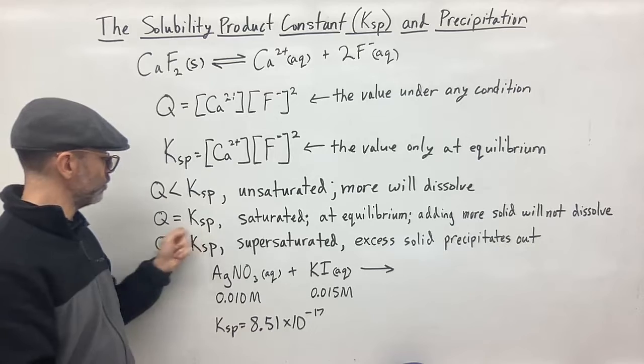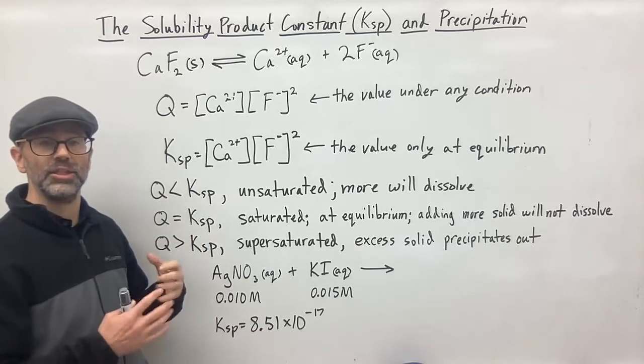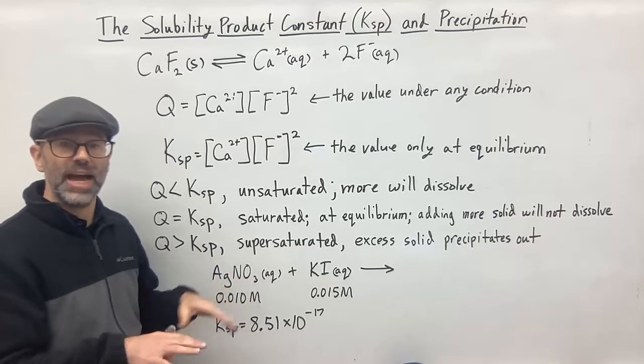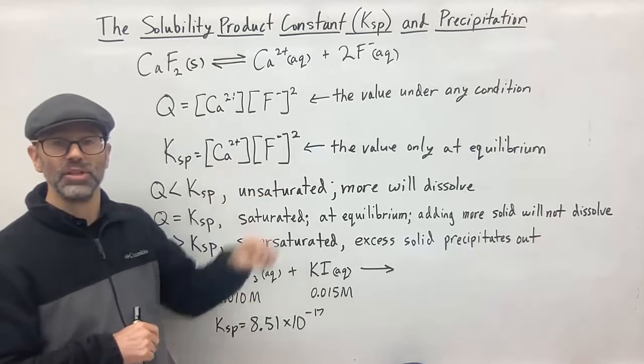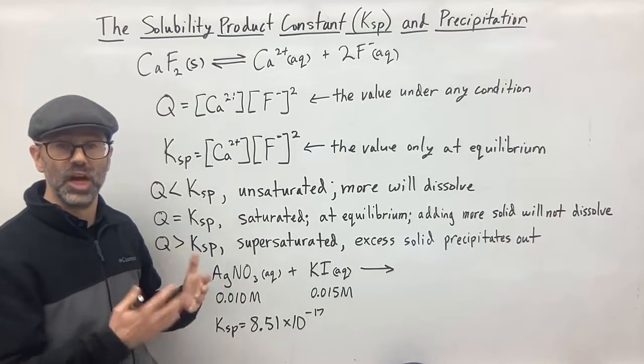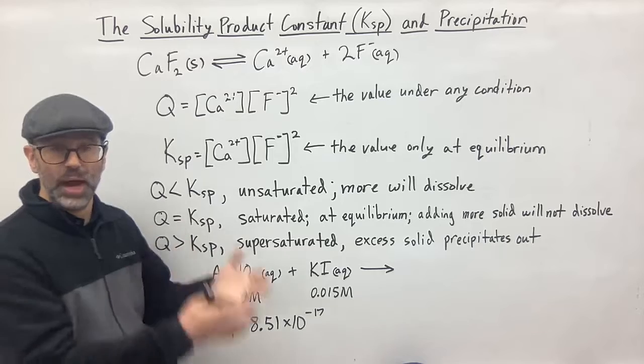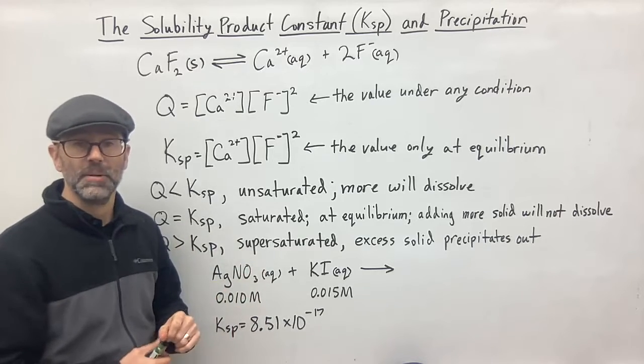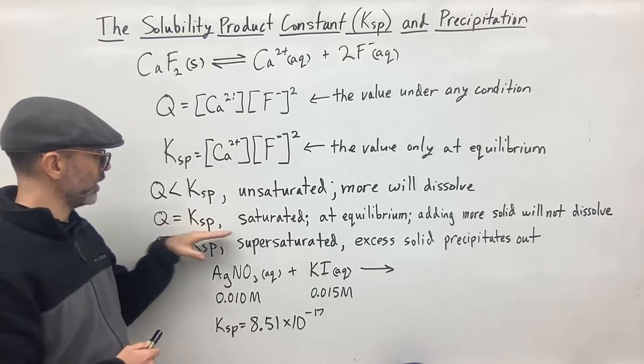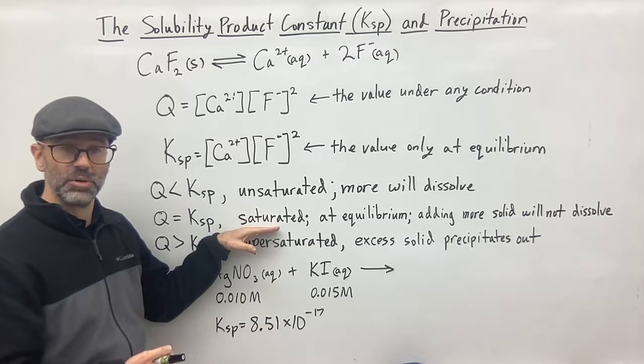If your Q value is equal to your KSP, that means you're at equilibrium, you're saturated. Adding more solid is not going to dissolve, because it's already saturated and at equilibrium.